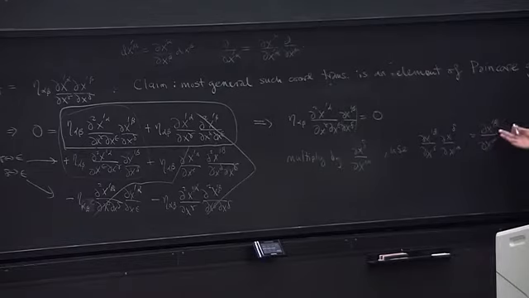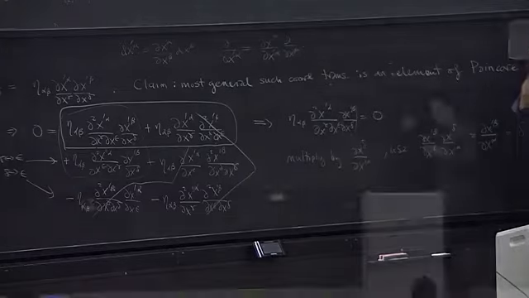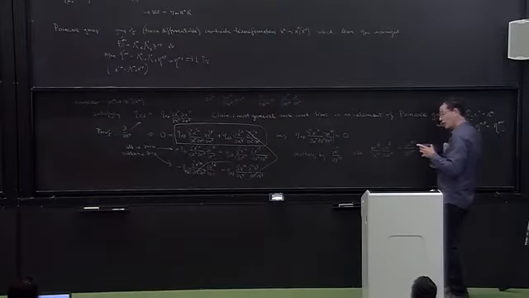So when I differentiate it, I differentiate x prime with respect to x, and then I differentiate x with respect to x prime. And this is delta. If I differentiate a coordinate with respect to itself, I get 1. If I differentiate it with respect to some other coordinate, I get 0. So this is delta.